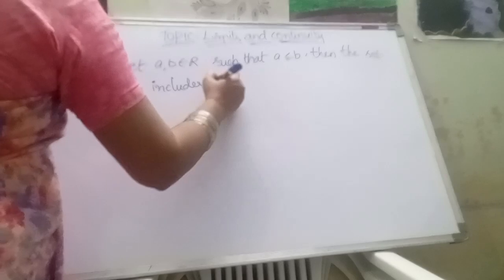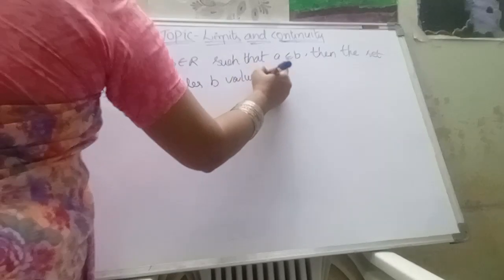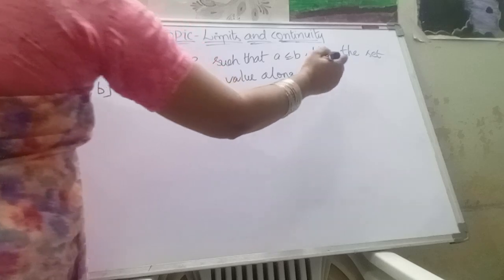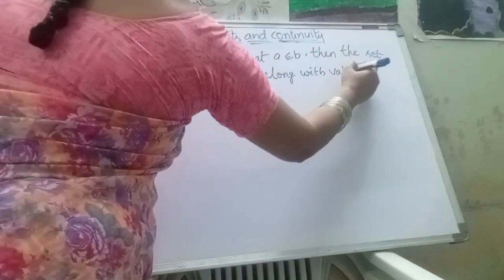Third point: if you take (a, b] like this, it has an open bracket, open interval, and a square bracket, closed interval. That means this includes the b value along with the values between a and b.